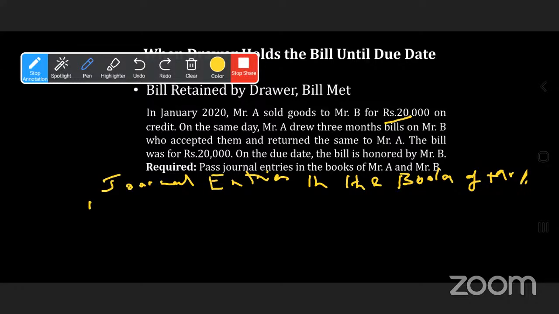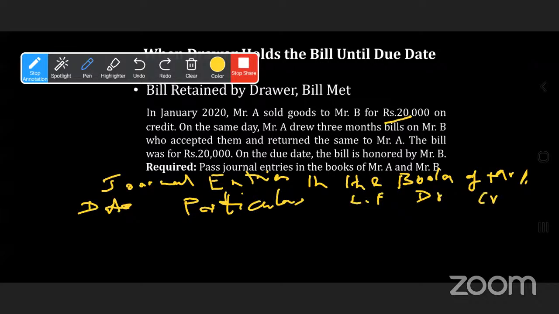First you have to write the date, particulars or details, LF (ledger folio), debit, credit. In January 2020, the date is not mentioned, so we have to assume that it is on January 1st, 2020.